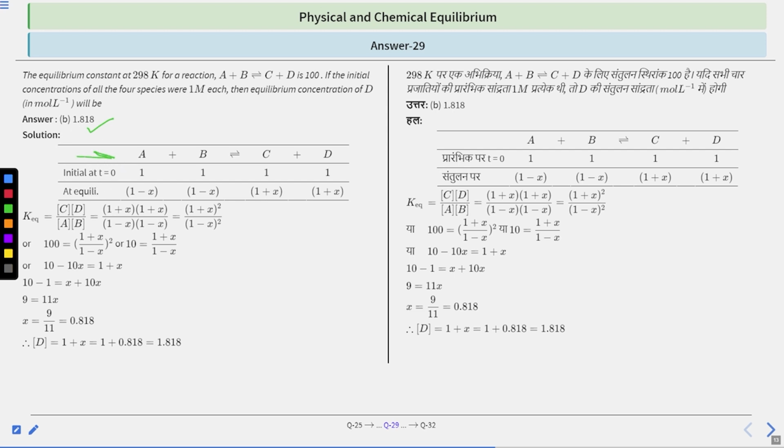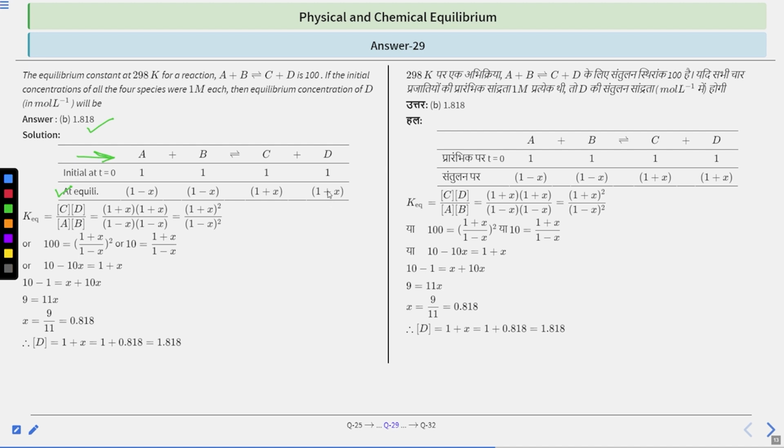We are given this reaction A plus B giving us C plus D, and it is also given that the initial concentration of all the four species was 1 molar. So initially at t equals 0, A is 1, B is 1, C is 1, and D is 1. Now at equilibrium, if we consider the degree of dissociation as x, then A will become 1 minus x, B will become 1 minus x, C will become 1 plus x, and D will become 1 plus x.